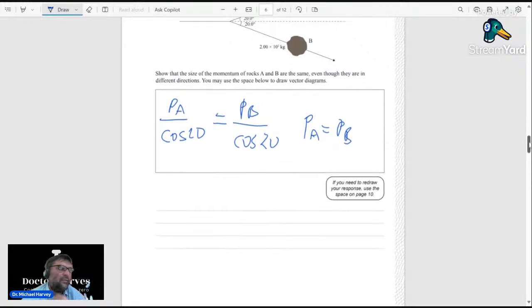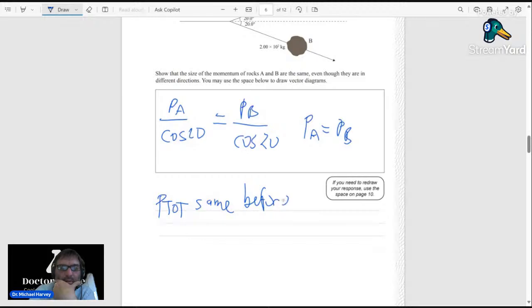So state any of the following reasonings. I guess also you have to say that the total momentum is the same before and after. So that's your conservation of momentum.